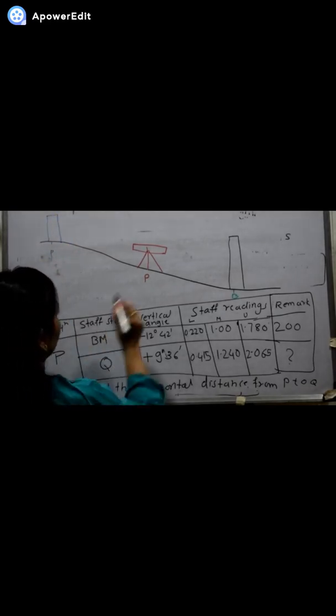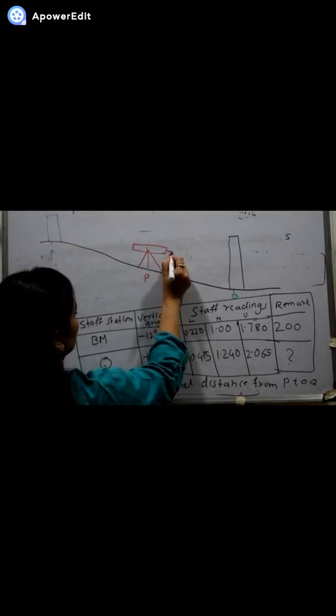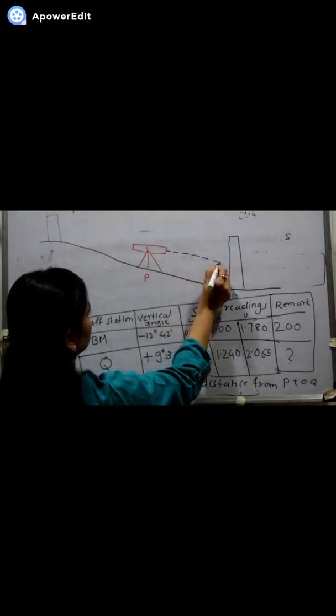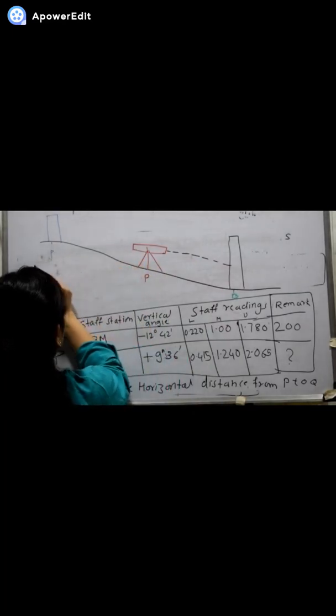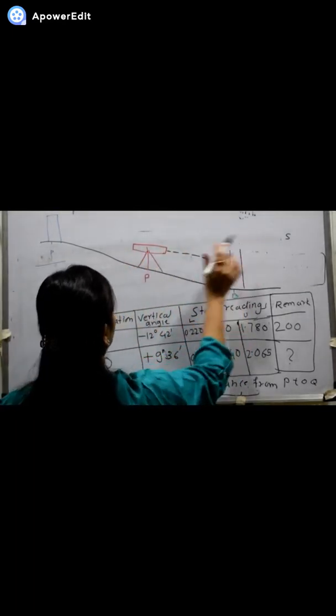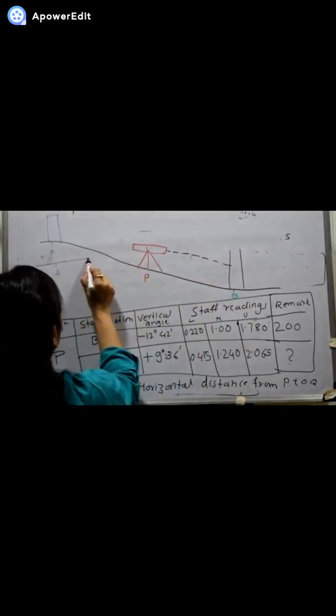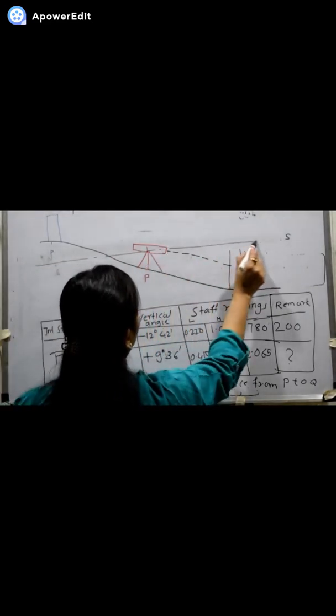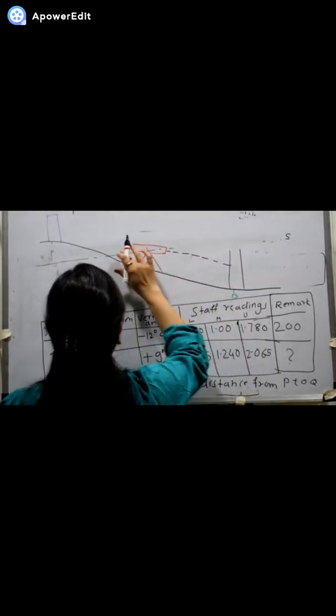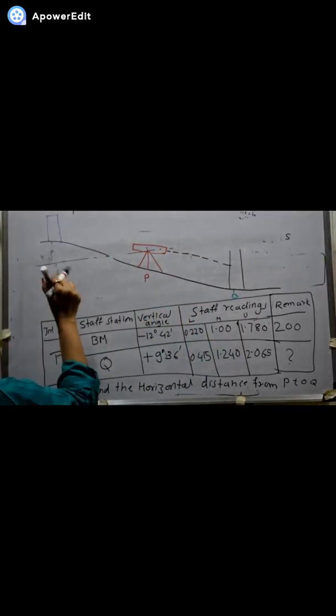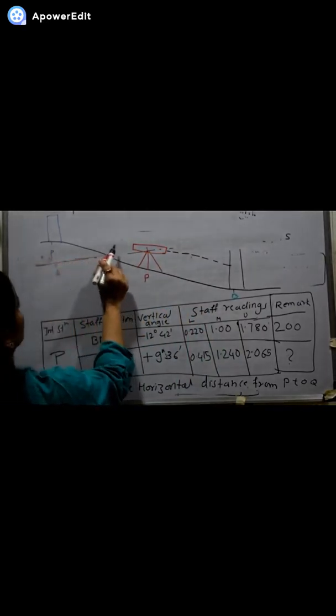From instrument station to B, with respect to the height of instrument, we will draw the height of instrument with this.